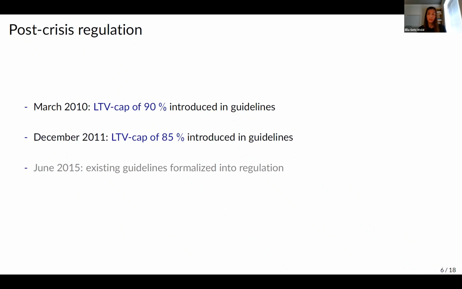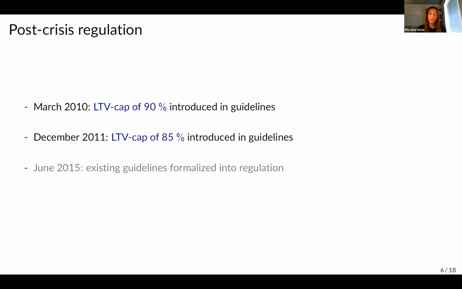Following the financial crisis, several policy measures were implemented in Norway, as in most countries. In March 2010, an LTV cap of 90% was introduced into guidelines. Then in December the following year, this LTV cap was tightened from 90% to 85%.